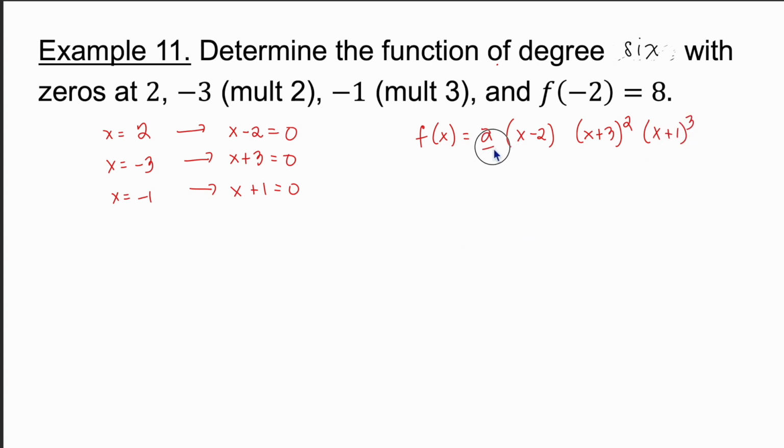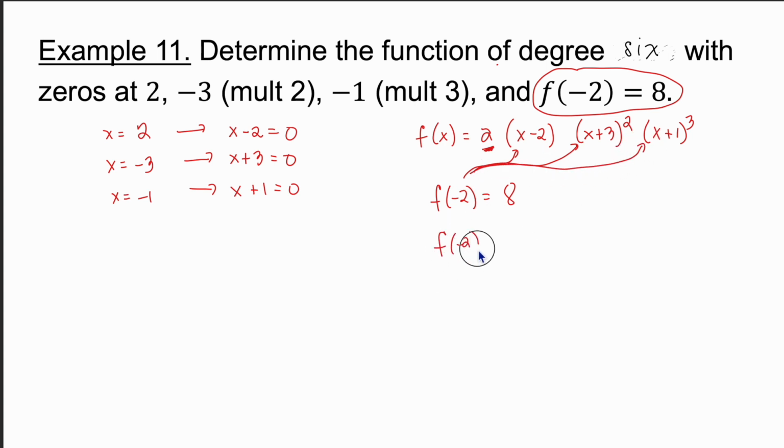Okay? So hanapin ulit natin yung value ng a. Given tayo nito, f of negative 2 equals 8. So, pag pinasok yung negative 2 dyan, dapat daw ang makuha ay 8. So, f of negative 2 now equals a times negative 2 minus 2 times negative 2 plus 3 squared times negative 2 plus 1 cubed, which is equal to 8.